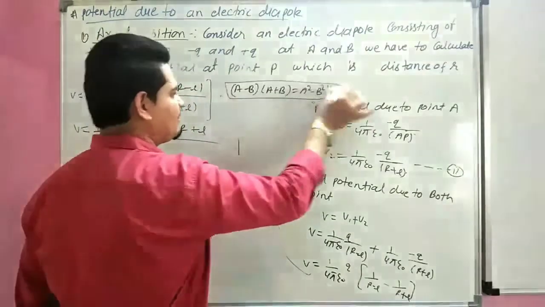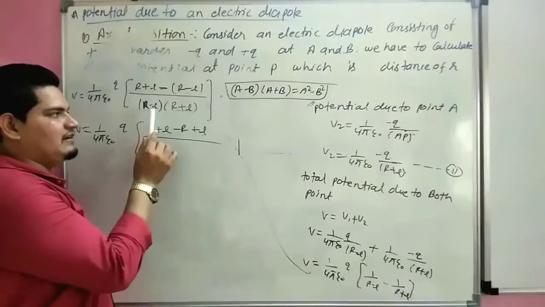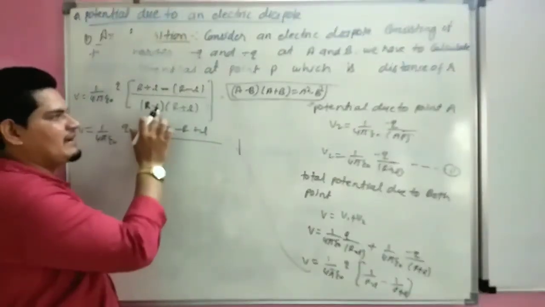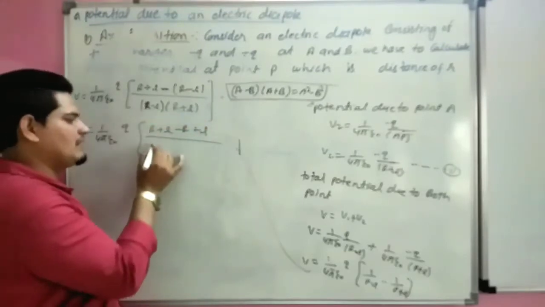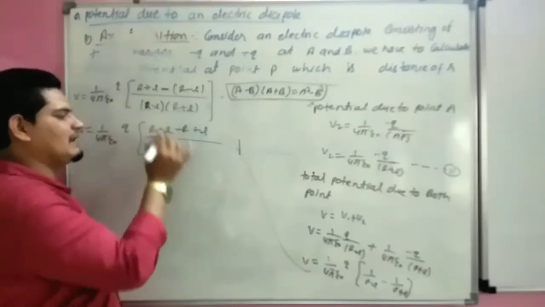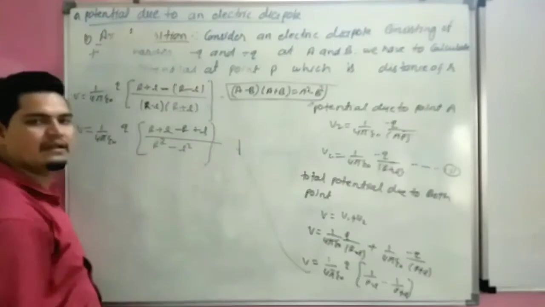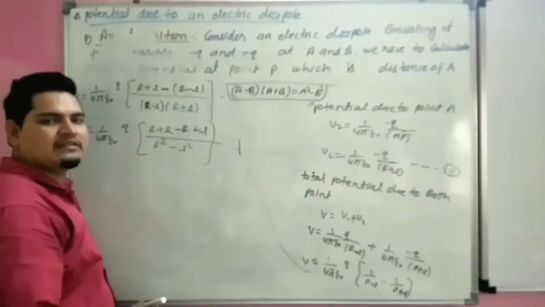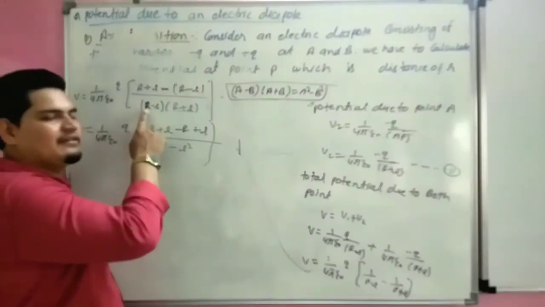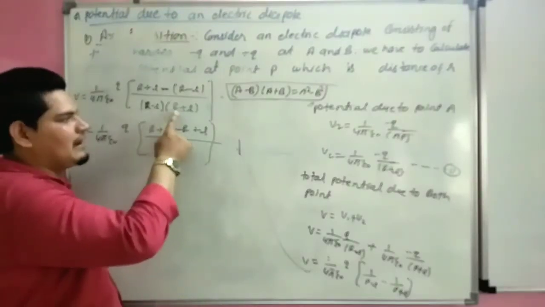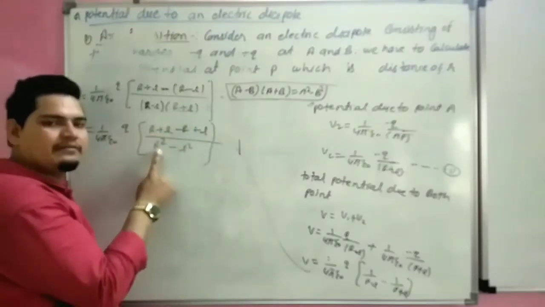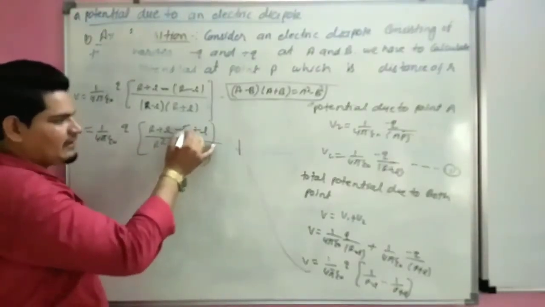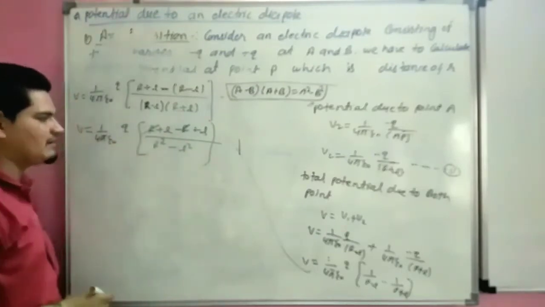So a square, that means R square minus l square. So R square minus l square. This minus R cancels with plus R.